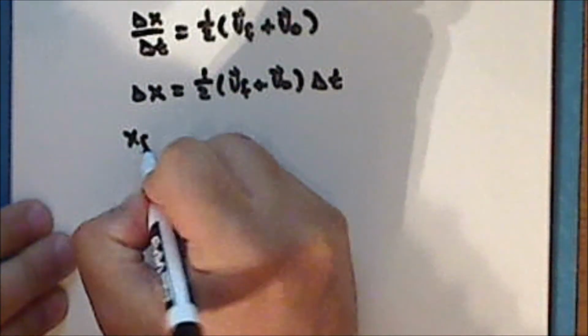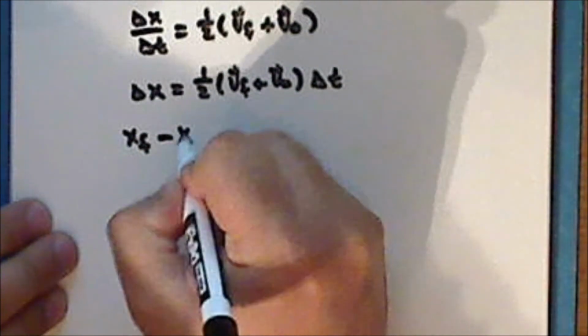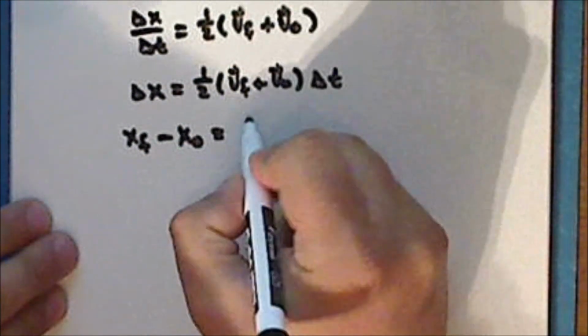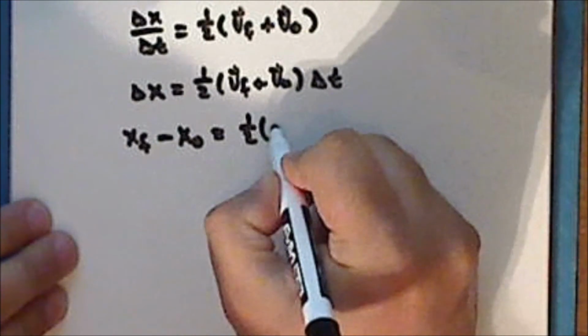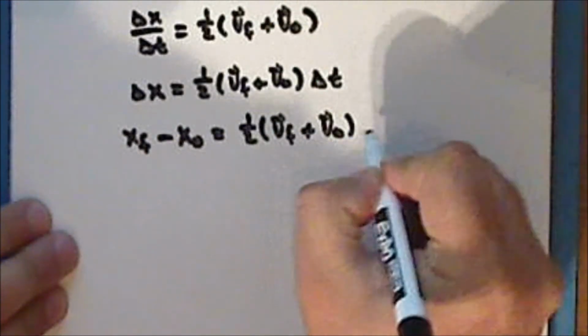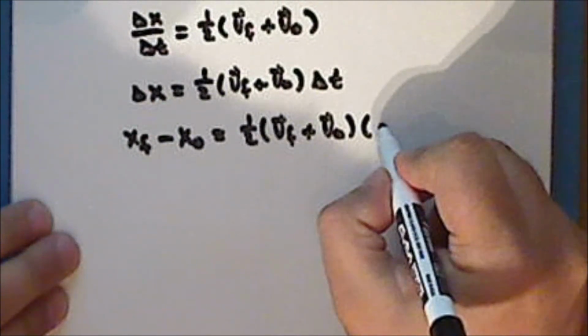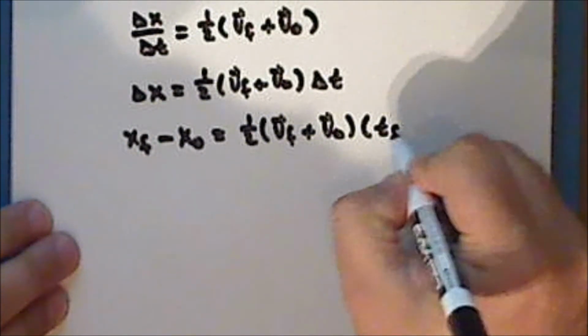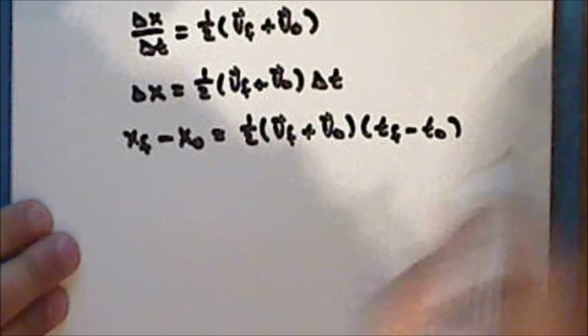This is the final position minus the initial position is equal to 1/2 the sum of the final velocity and the initial velocity times the time interval t final minus t initial.